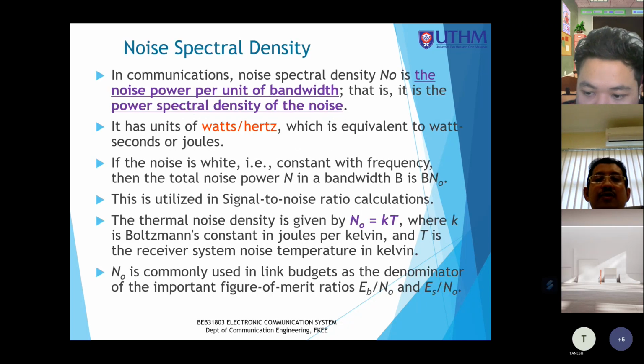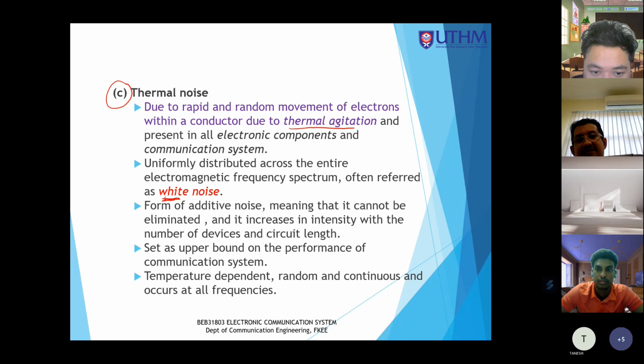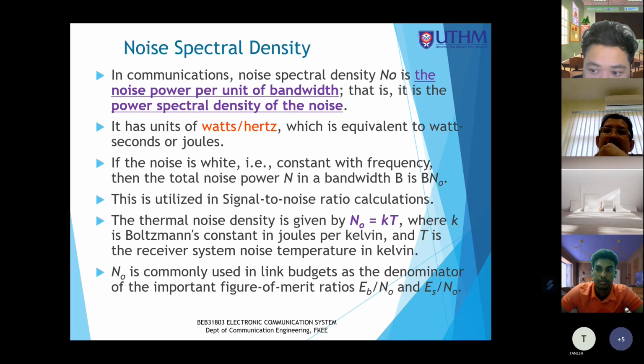Okay, so the noise spectral density. Okay, noise spectral density N0. Okay, N0 is the noise power per unit of bandwidth. That is the power spectral density of the noise. Okay, so noise spectral density ini adalah noise power dibahagikan dengan bandwidth.